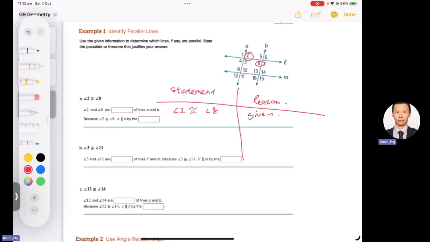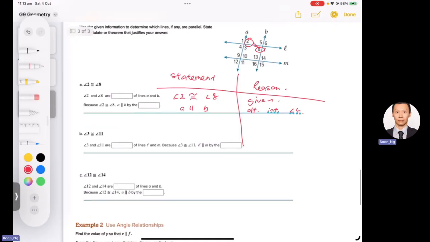Because they are congruent, we can deduce line A is parallel to line B because of alternate interior angles. These two are alternate interior angles and they are congruent.